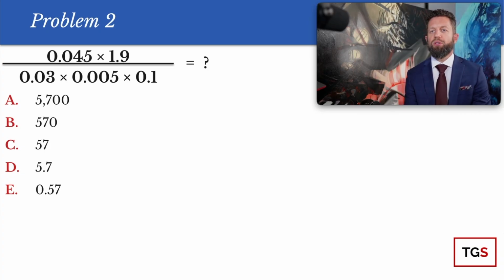So they're asking you, there's an equal sign to the right of the fraction, sorry. So they're basically asking you, like, what's the value of this? So option A is 5,700. Option B is 570. Option C is 57. Option D is 5.7. And option E is 0.57.